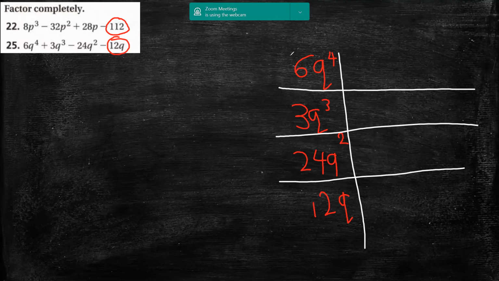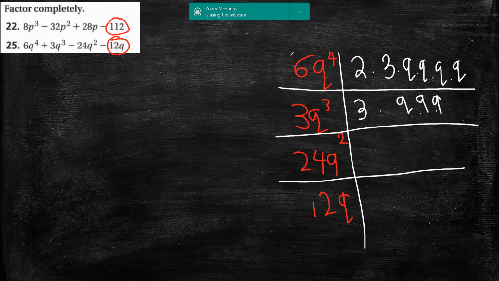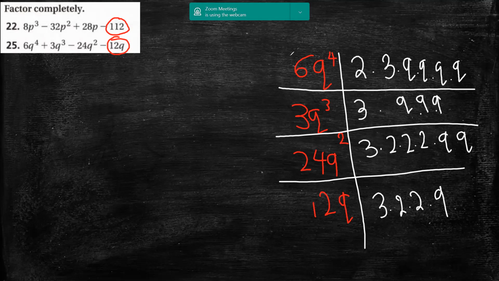For 6q to the power 4, it is 2 times 3 times q times q times q times q. Here we have 3 times q times q times q. Here we have 3 times 2 times 2 times 2 times q times q. And here we have 3 times 2 times 2 times q.